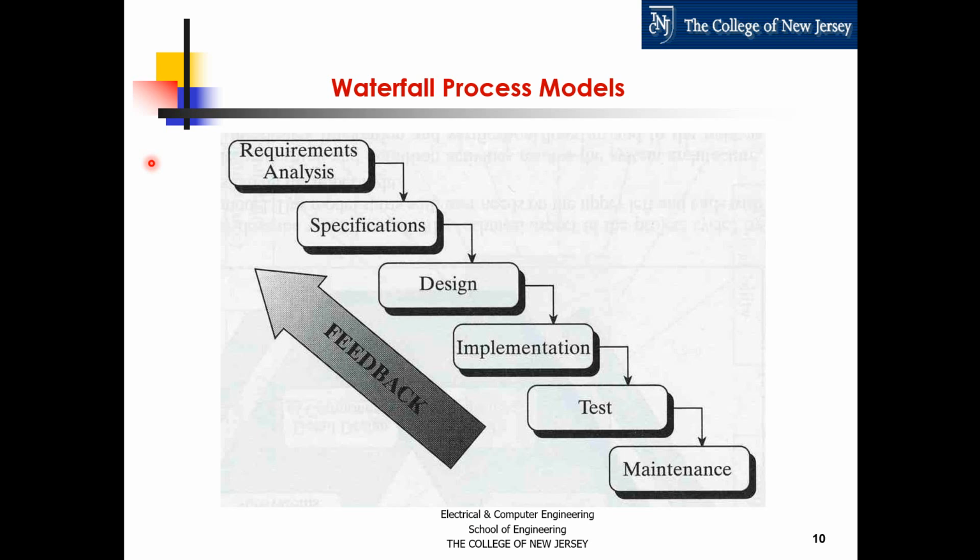And then you can translate that into specifications. So requirement analysis and requirements definition is to come up with good whats. Specifications is to come up with the hows to address the whats. Then design. Design is to implement the hows.